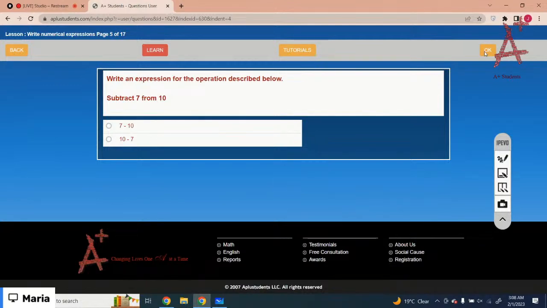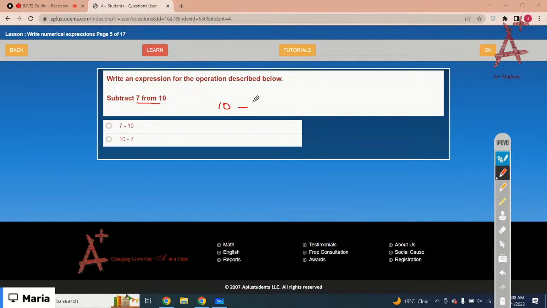Okay, write an expression for the operation described below. Subtract 7 from 10. So which is the correct option? Option 1 or option 2? Basically, you have to understand 7 from 10.